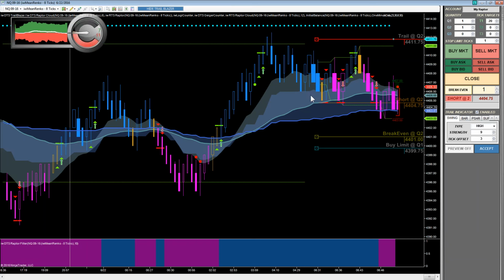dynamic equivolume bars. And for those of you familiar with equivolume charting, all it does is it expands the bar to represent the volume. So the heavier bars have more volume, the thinner bars have less volume. Now, what a lot of traders don't realize is that when the market is trending, it's actually trending on light volume.